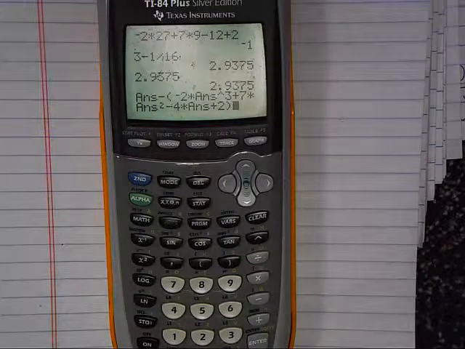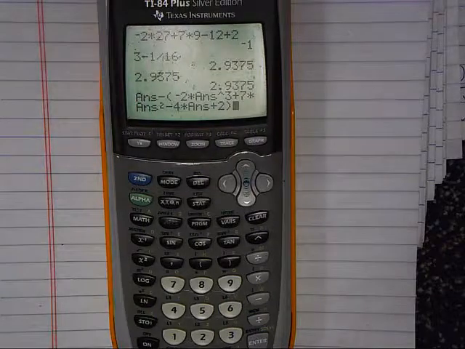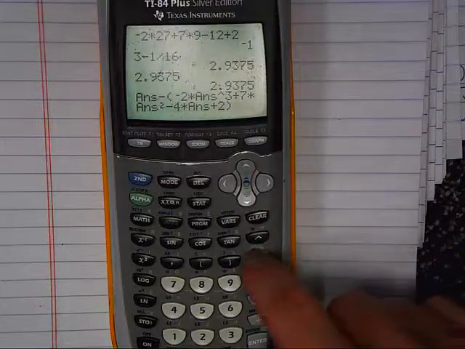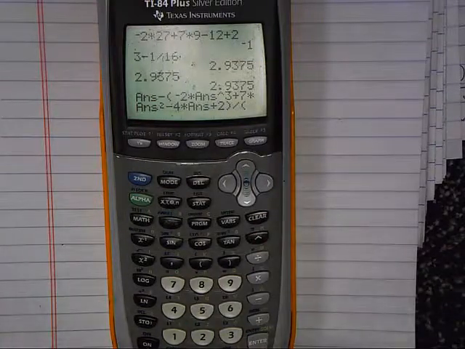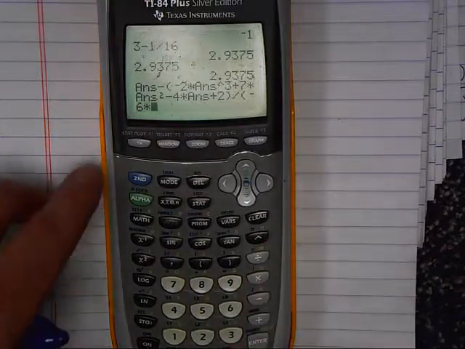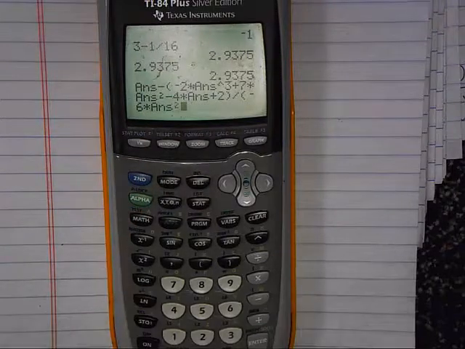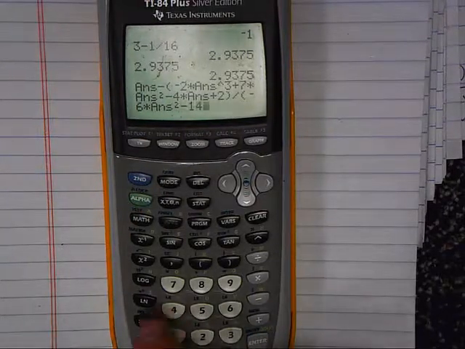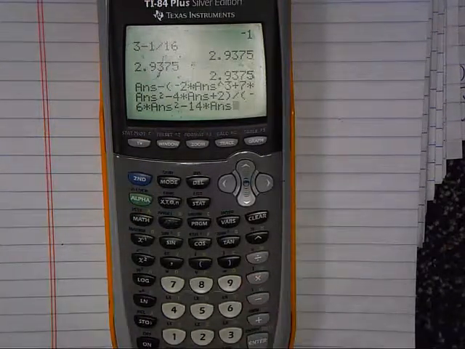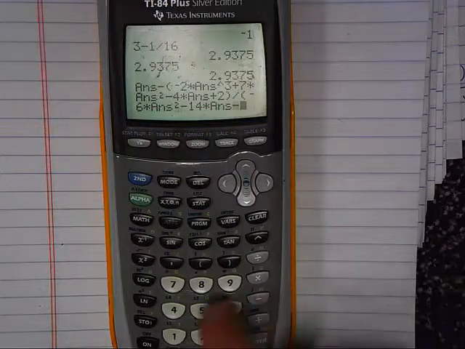So that's how I take 2.9375 and type it into my original problem. I don't keep typing it over and over again. Divided by negative 6 times the answer squared plus 14 times the answer minus 4.